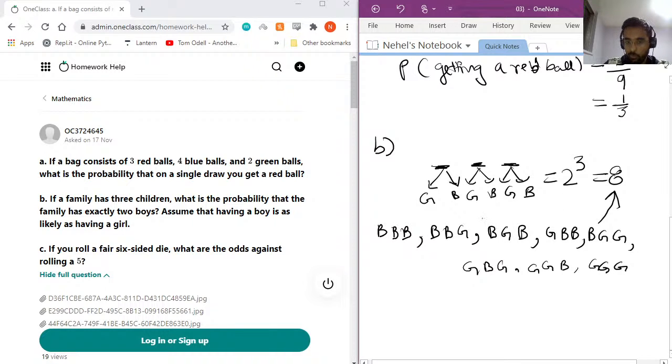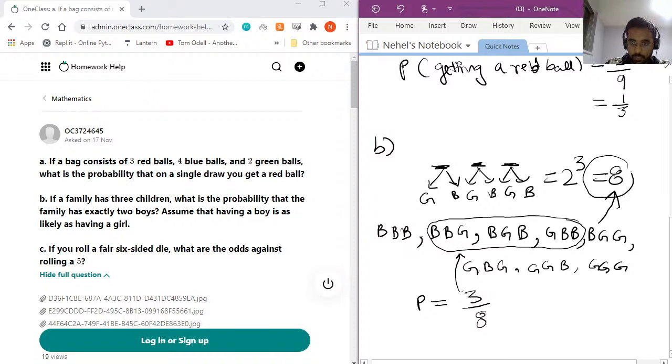Now, out of these 8, which ones have exactly 2 boys? If we notice carefully, there are these 3 which have 2 boys. So therefore, our probability of having exactly 2 boys in a family of 3 siblings would be 3 divided by 8. Since 3 is the number of cases which we got from here, and 8 is the total number of possibilities.